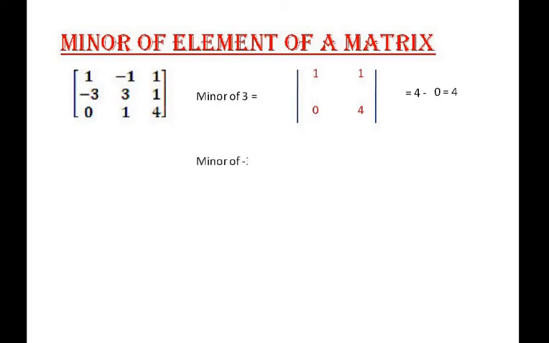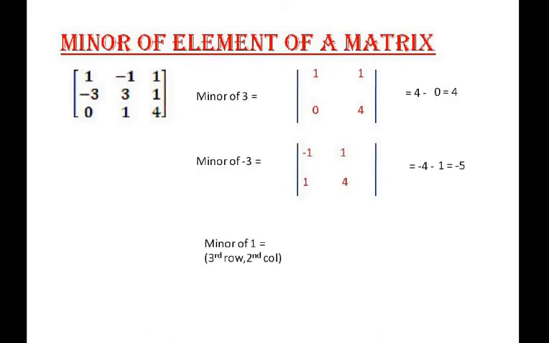Next we have to find the minor of minus 3. It's located at second row, first column. So the remaining elements are minus 1 1 1 4. Finding the determinant of these elements: minus 1 into 4 is minus 4, minus of 1 into 1 is 1, minus 4 minus 1 is minus 5.